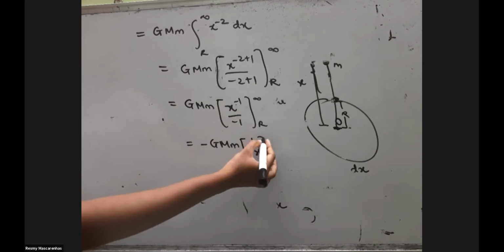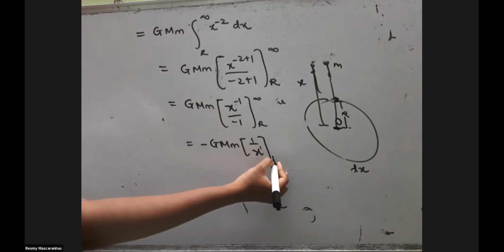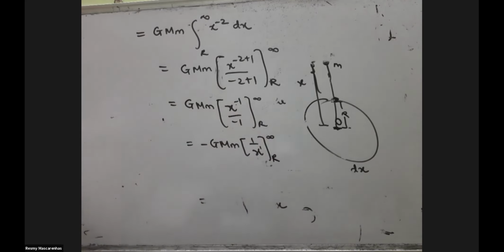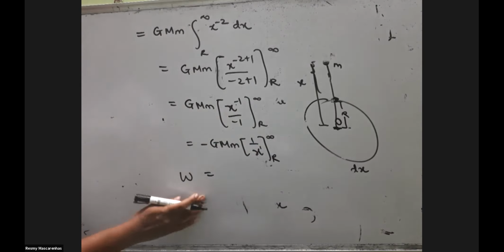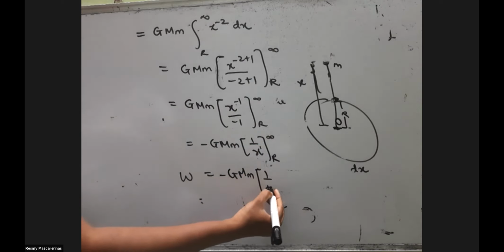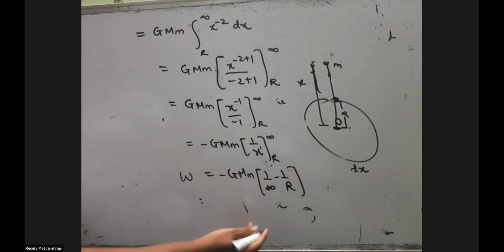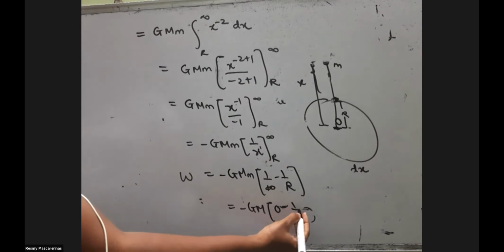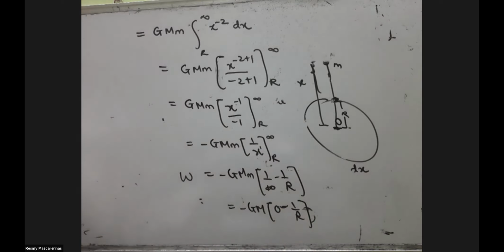Taking the minus 1 down, it becomes 1 by x. Now substitute. 1 by infinity is 0. Minus into minus will give plus. That is your work done.